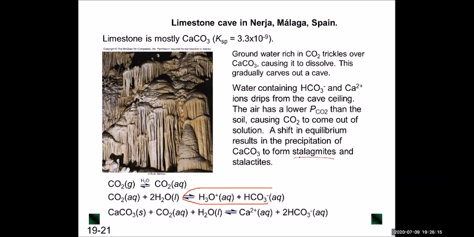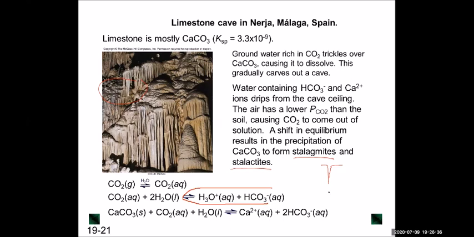A stalactite is the one that hangs from the ceiling. And those of you who've been to the crystal cave or those underground caves, you see there are some locations that have this kind of structure hanging down toward the ground. That is the stalactite.